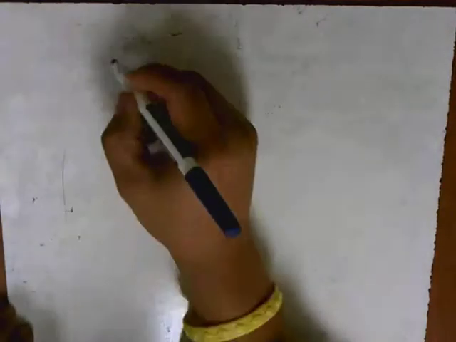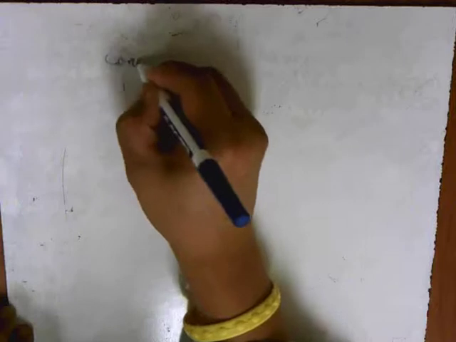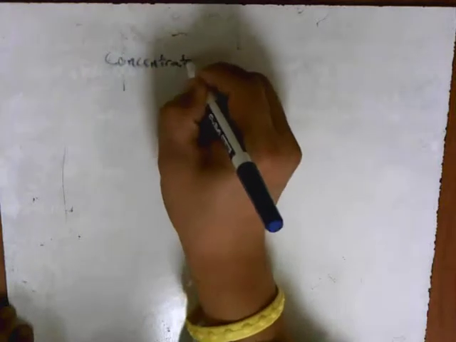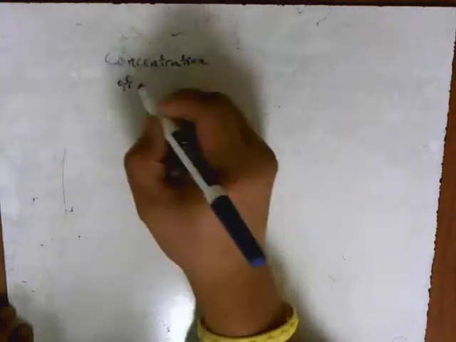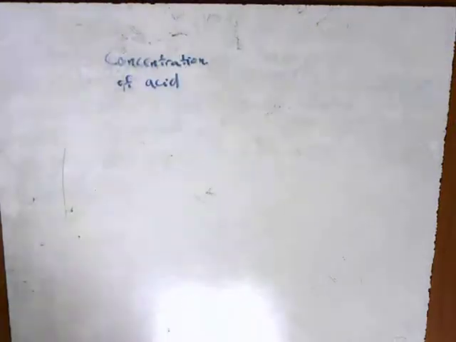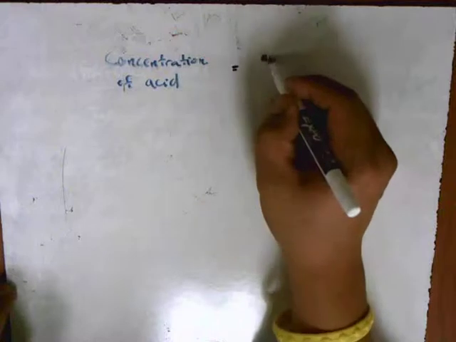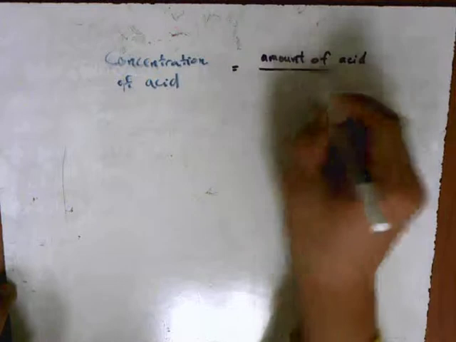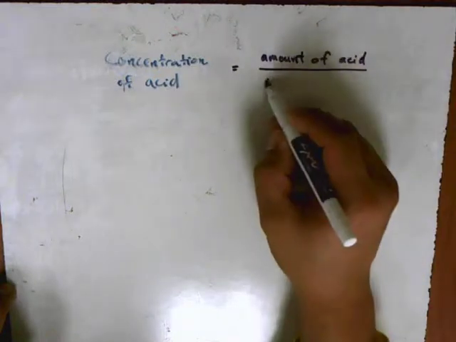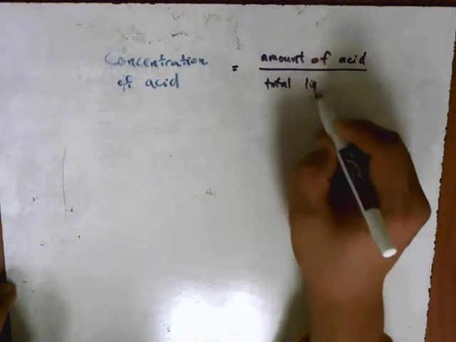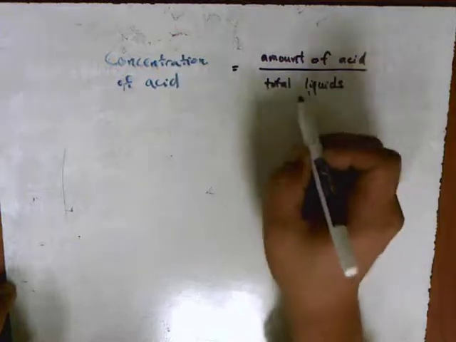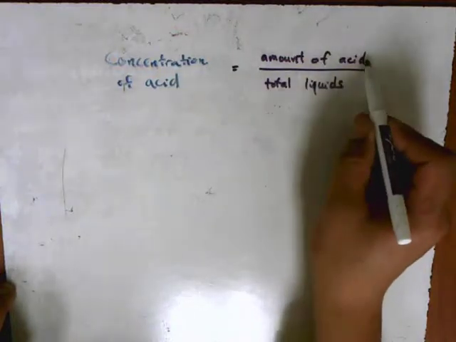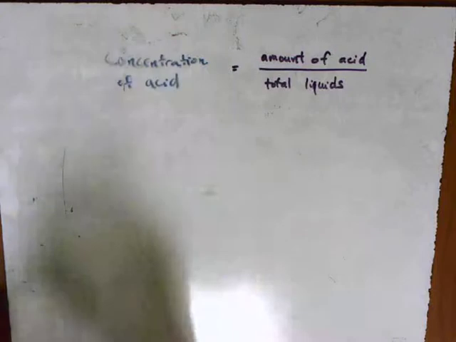Okay, so I'm going to go back to some basic principles here. I'm going to say that the total concentration of acid is equal to the amount of acid over the total liquids, because the acid is part of the total liquids, and some fraction of that is going to make the concentration.